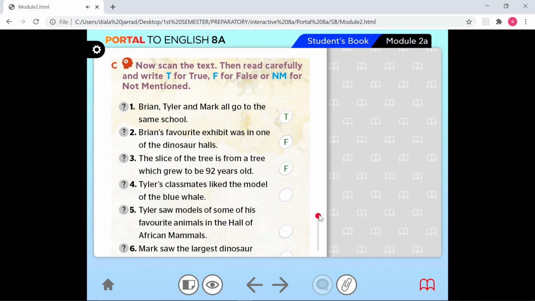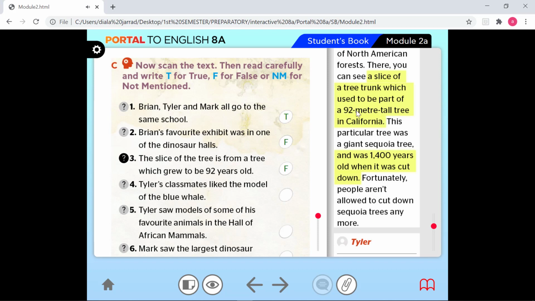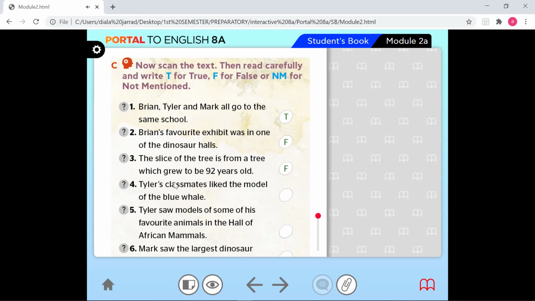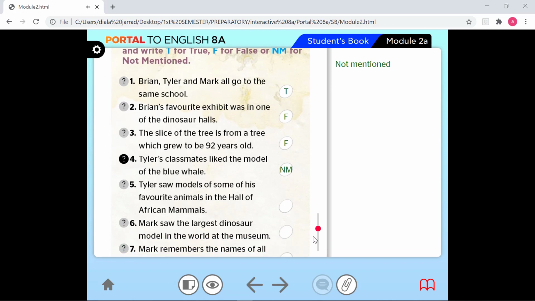False. نلاحظ حتى المعلومة بإمكاننا نتأكد منها 92 meters tall. Okay, 92 years old. Tyler's classmate liked the model of the blue whale. Not mentioned. الإجابة NM. لم تذكر هذه المعلومة في النص.